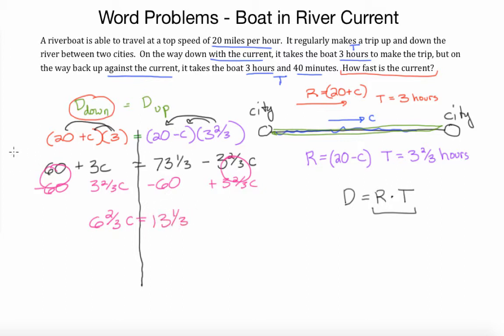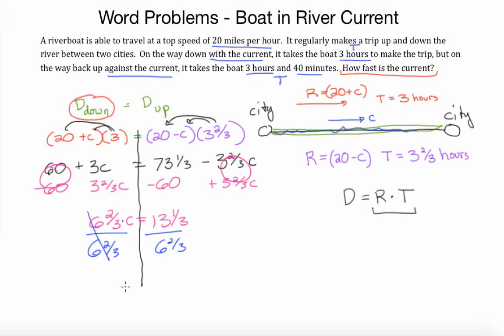Now I'm bypassing a lot of this fraction stuff. If you need to review your fractions, you can pause this at any time and look back at one of my other video tutorials, specifically working with adding, subtracting, multiplying, and dividing fractions, but I really want to focus just on solving and getting C here. So at this point, 6 2/3 times C, I'm going to divide both sides by 6 2/3.